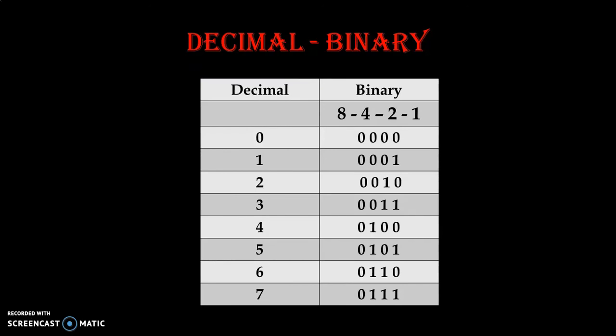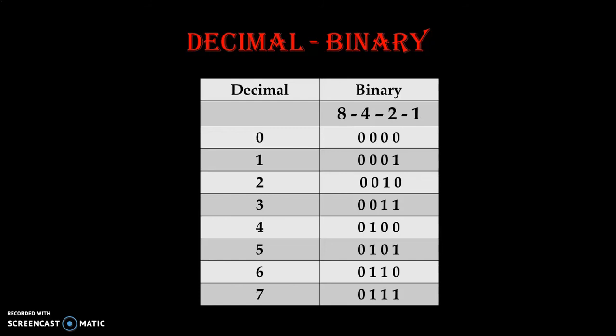As we discussed earlier, while converting hexadecimal to binary and binary to hexadecimal, we have to use a group of 4 binary bits and the system that is known as 8421.